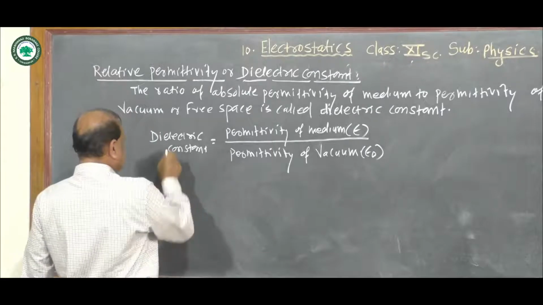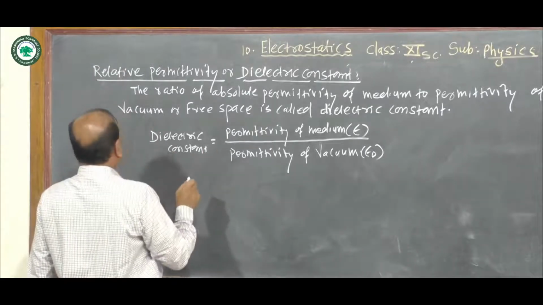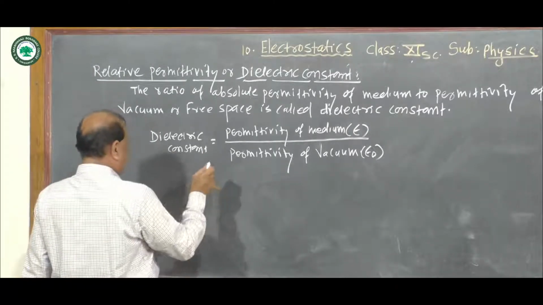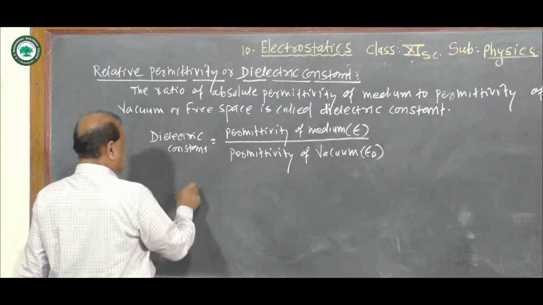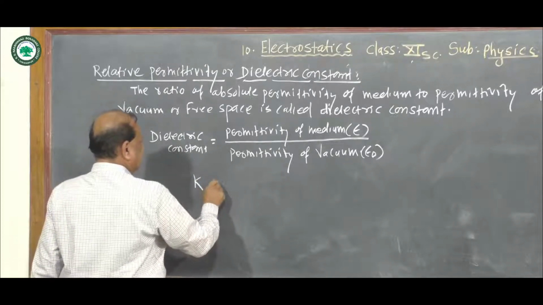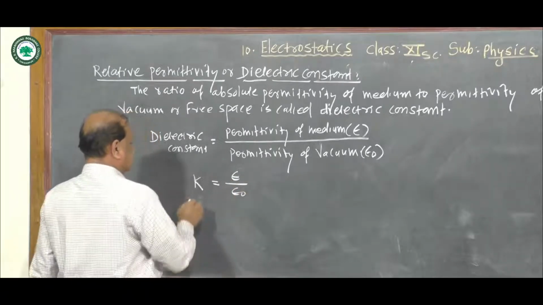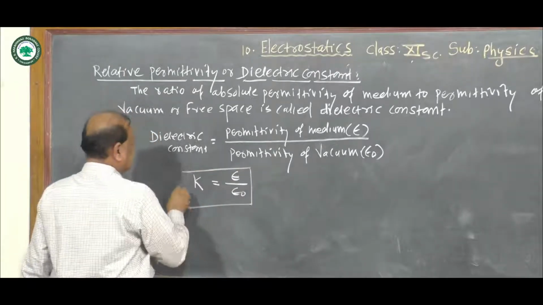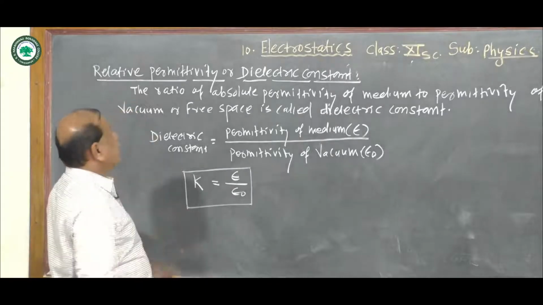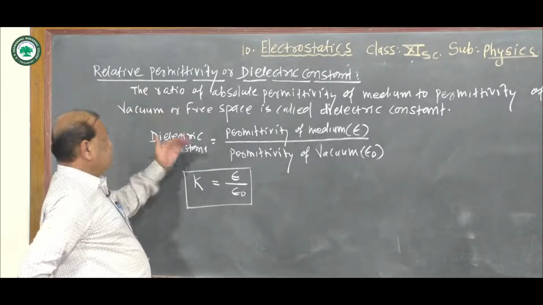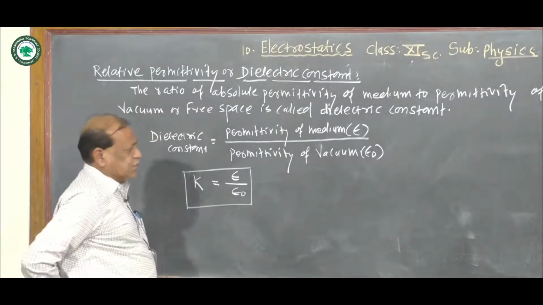And so this dielectric constant or relative permittivity K is equal to epsilon upon epsilon 0. This is the relative permittivity or dielectric constant.